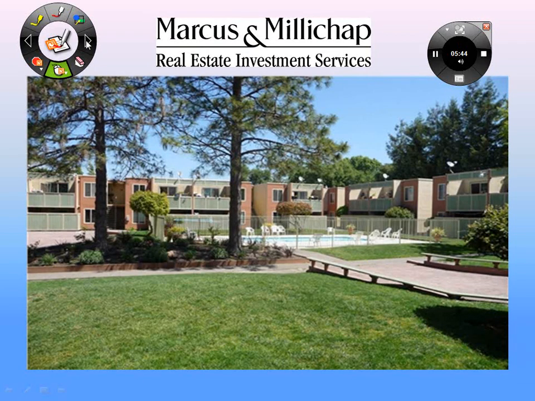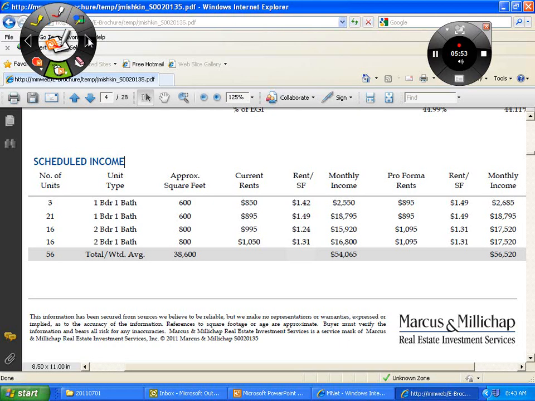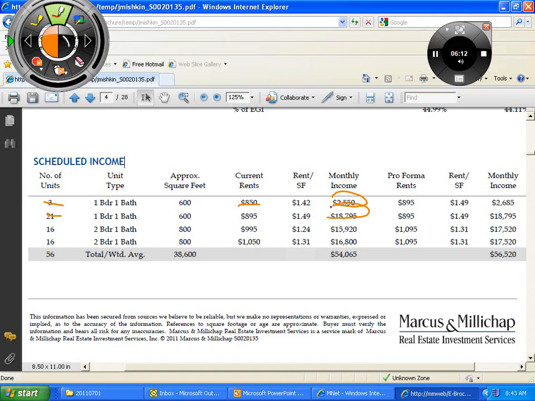Now, here's a typical example of one of our listings and how the information translates into the income formula. We started out in our marketing package with each unit, and you can see the number of units and their rents and the total income for those 3 one-bedrooms, and then the total income for these 21 one-bedrooms and 16 two-bedrooms and the 16 other two-bedrooms.